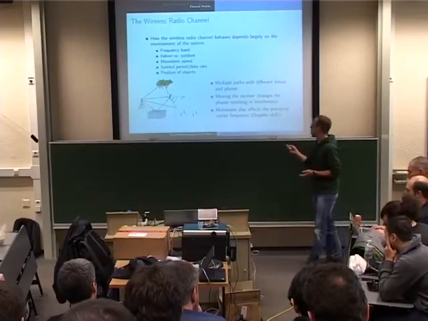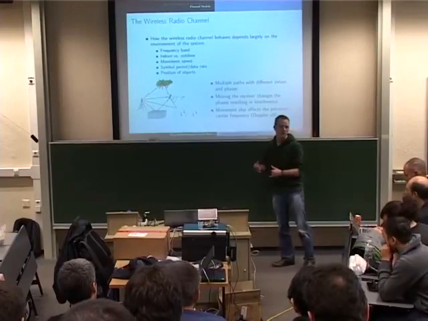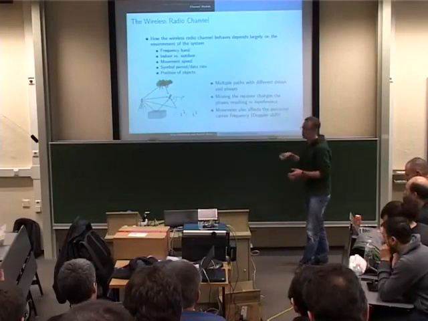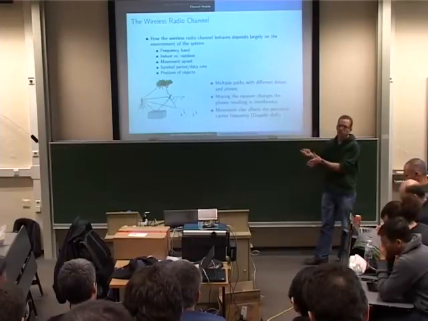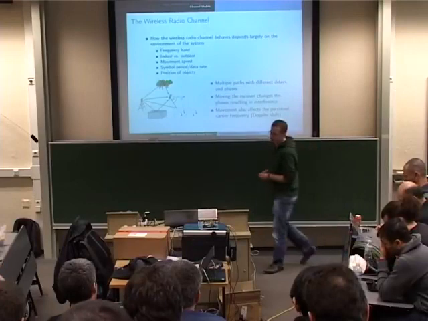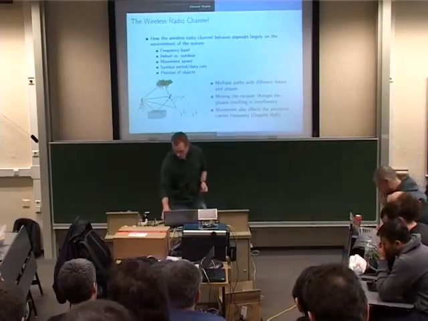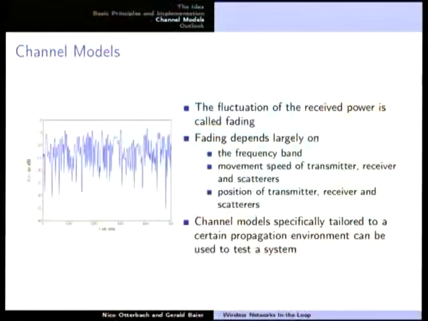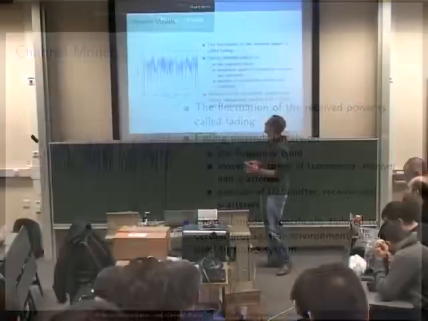Moving also affects the perceived carrier frequency at your receiver. You also suffer from a Doppler shift, which you also have to correct. That's just some of the tasks you have to deal with. So instead of a flat line for your received power, you get something like this with drops in between, and that's called fading.